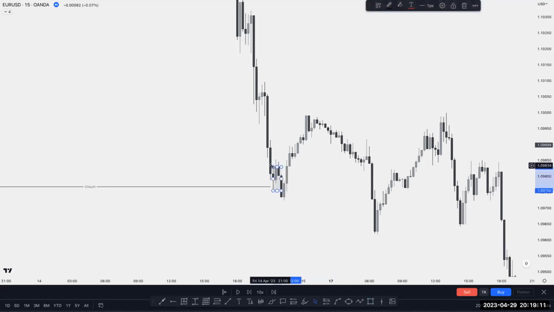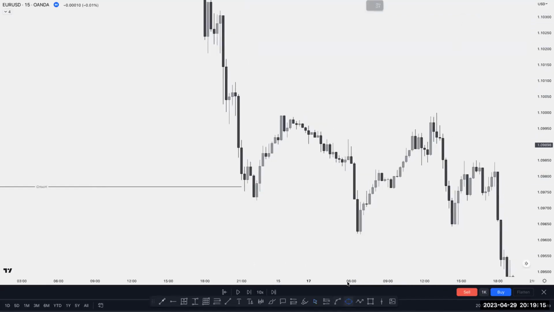So that's why this is not a valid single candle order block entry. If this candle closes above the previous candle high, then this becomes our valid single candle order block right here. Let me show you.